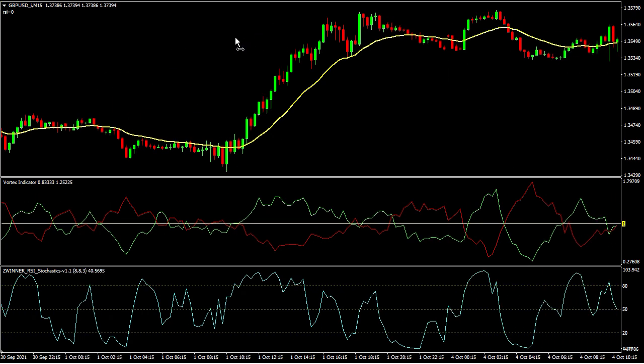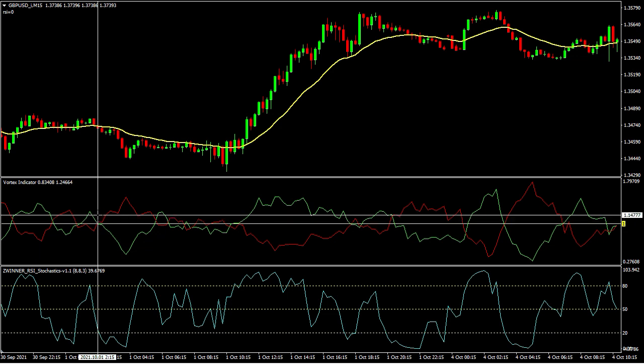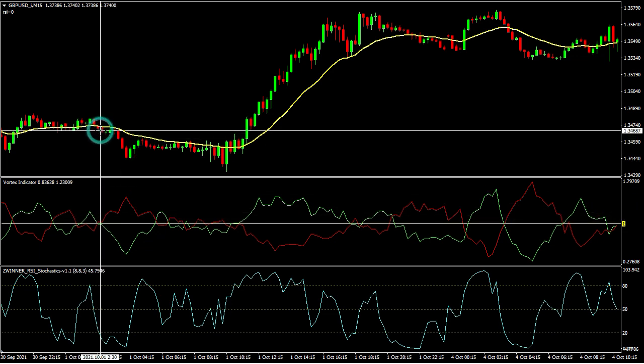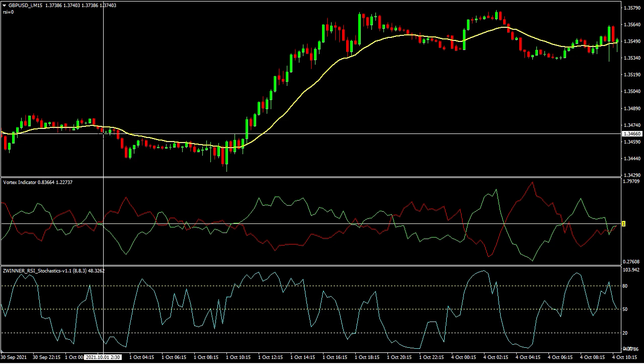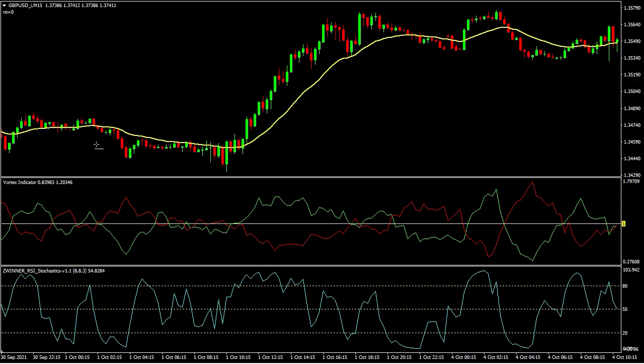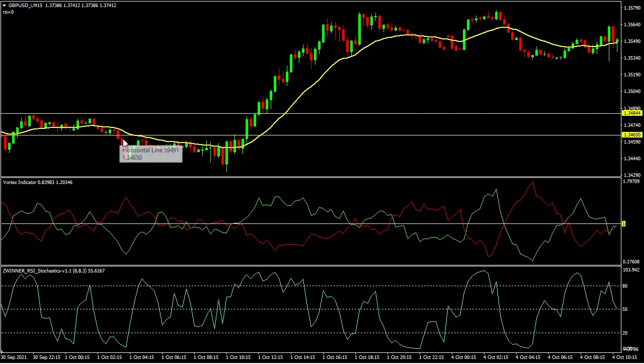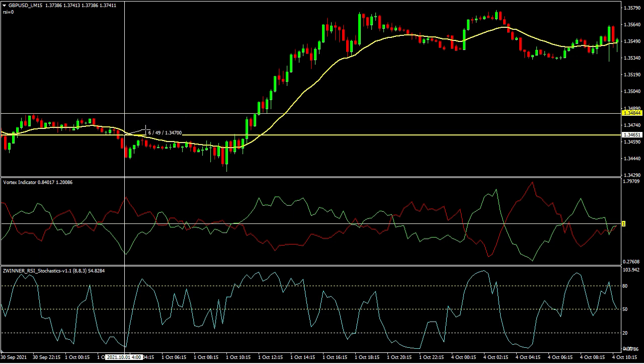Here again, you are getting a sell signal here, and you sell here and you place your stop loss about 5 pips above the high of this. So the market goes down. Let's see how much you're risking. You're risking about 19 pips. So the market goes down and you get your 19 pips here on this candle.